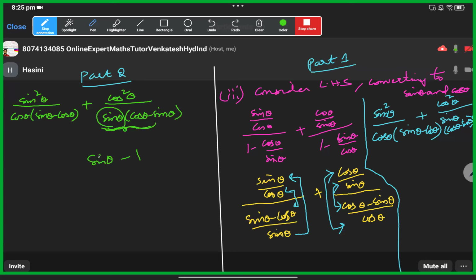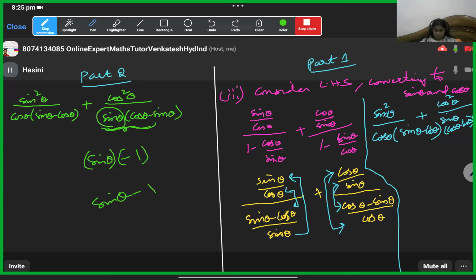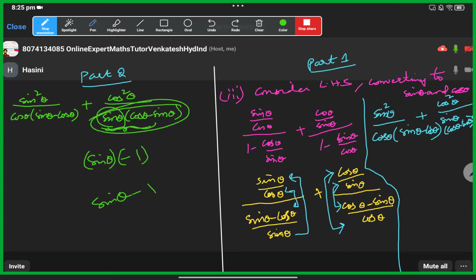So the minus 1 I am taking common should also be multiplied with sin theta only. If I write it like this, it again becomes subtraction. Whatever minus 1 I am taking common, I have to multiply with sin, then again it is multiplication between sin and cos theta minus sin theta.